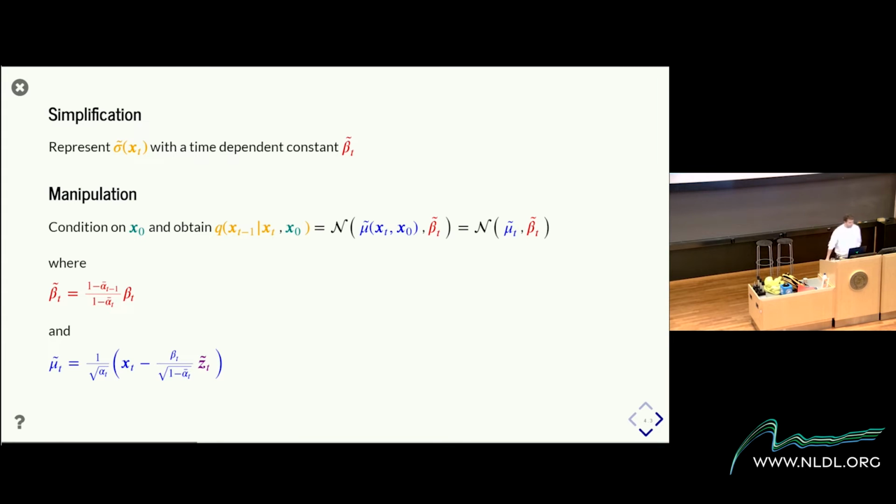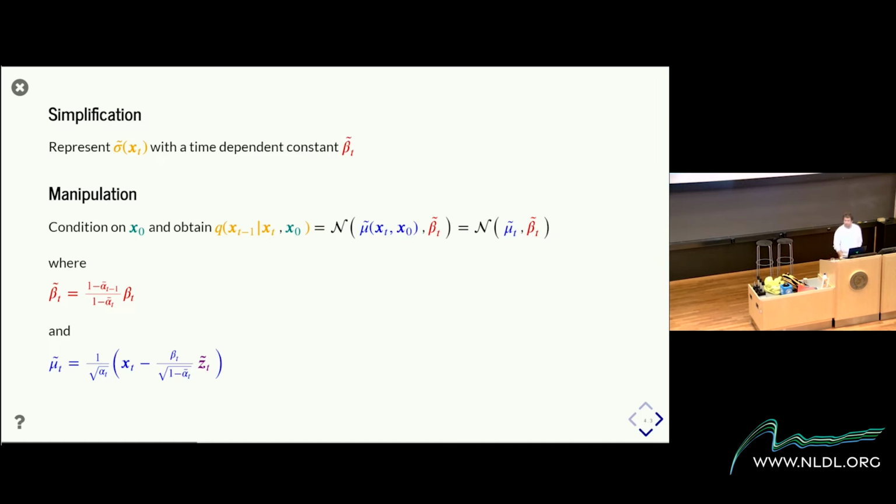The first thing is that we do a simplification. We don't let sigma of x of t depend on the sample x of t, but we just say that it's a time-dependent constant, and we call it beta tilde of t.